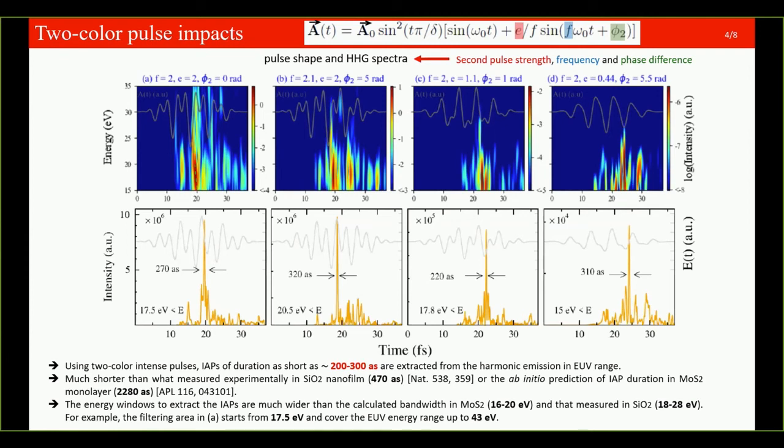Actually, the pulse shape as well as the HHG spectra are engineered with these parameters. As these time frequency analyses show, in all cases, we can define an appropriate energy window to extract isolated attosecond pulses, as reported here.